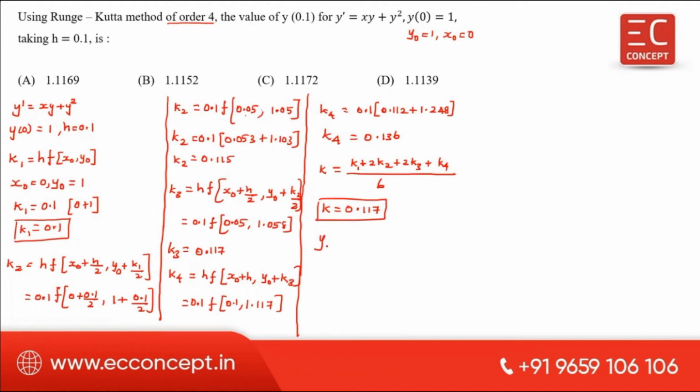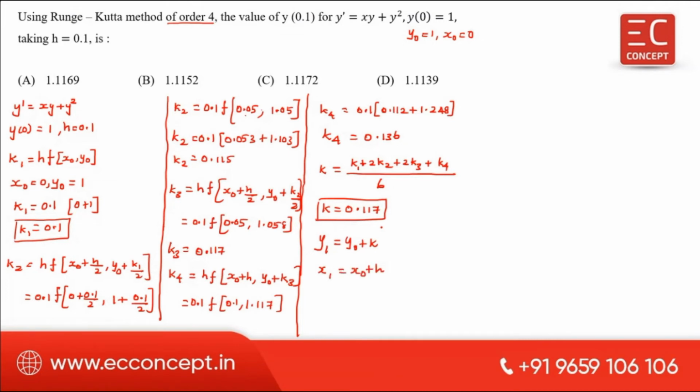Now they are asking y of 0.1. That is y1, which is calculated as y naught plus k, and x1 is equal to x naught plus h.